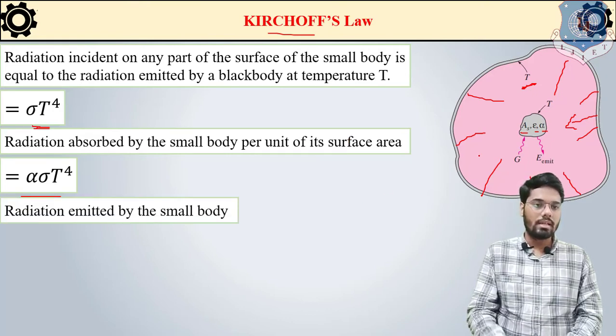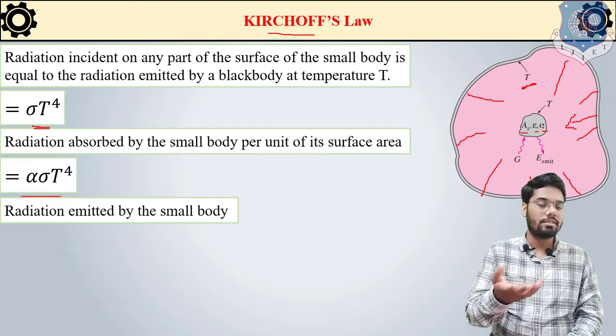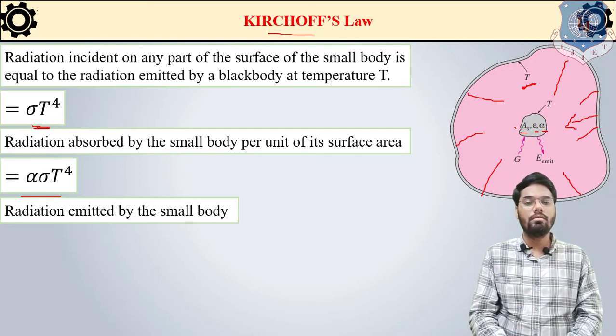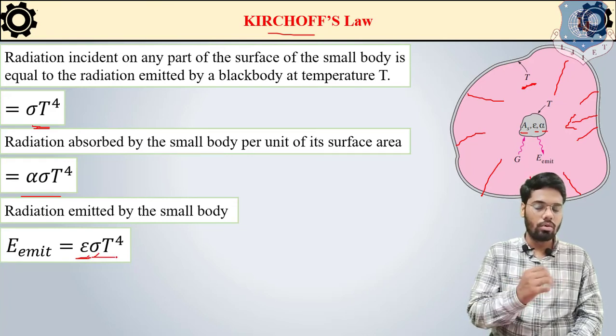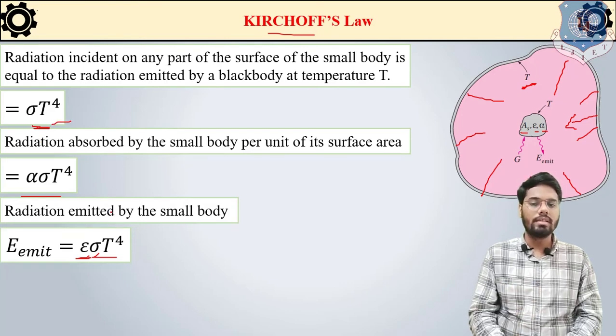Now there is some radiation emitted by this small body because its temperature is also above absolute zero. So the amount of radiation emitted by this small body is its emissivity into sigma into T raised to 4. For a black body it is sigma into T raised to 4. For real bodies it is emissivity epsilon into sigma into T raised to 4.